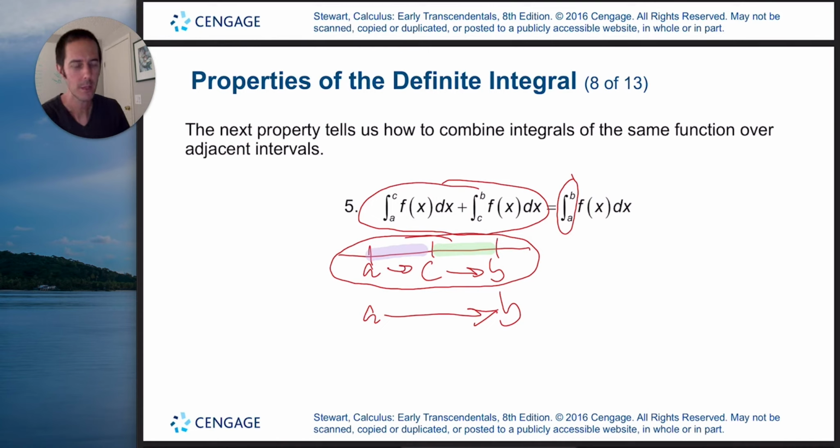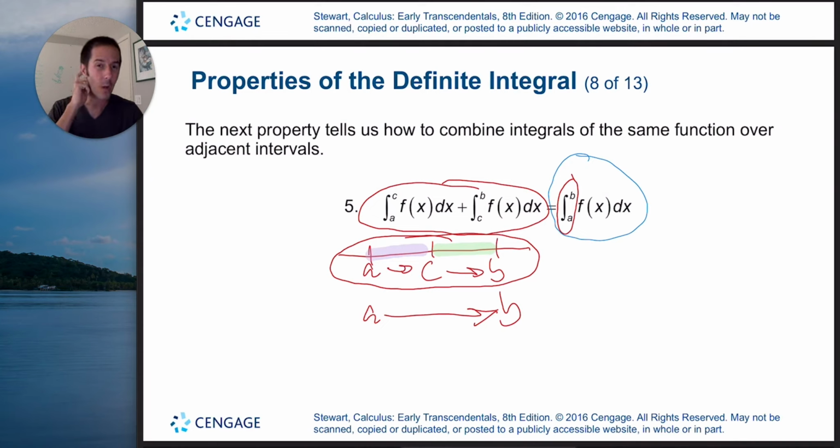I think you're more likely to see this scenario, number 5, as your initial scenario, and it's going to be advantageous to you sometimes to take that interval from a to b and chop it up into your own two intervals, from a to c, and then from c to b.